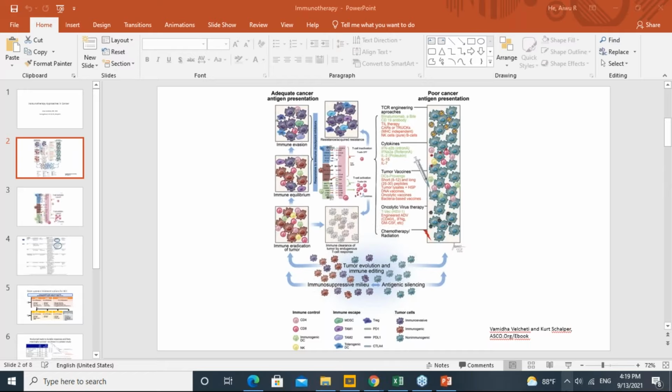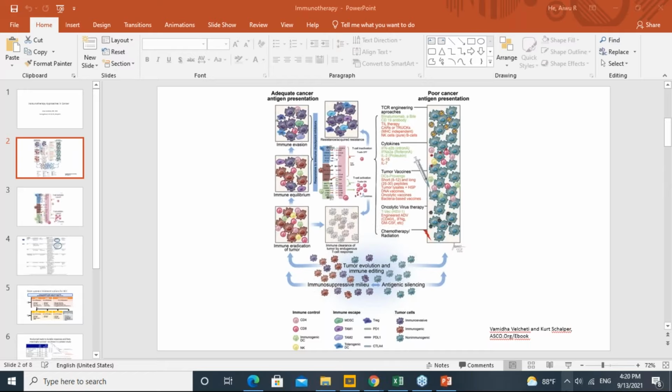MHC type 2, if you remember back in the old days in medical school. Then that gets presented to immune cells, and B lymphocytes will generate antibody, and T lymphocytes will activate T effector cells and go attack the cells that present this antigen.